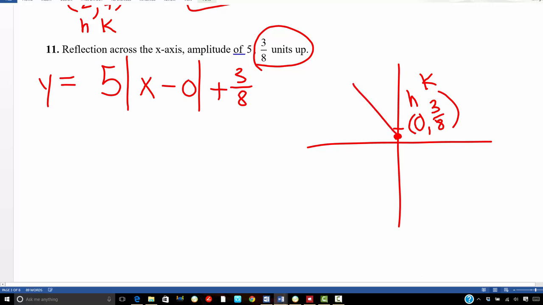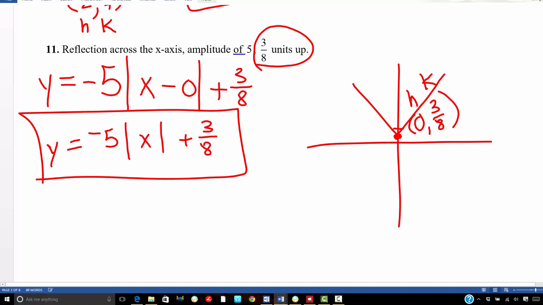If it's reflected across the x-axis, it's just going to be facing the other way. It's going to be facing down. Of course, we know if it's facing down, the number out front is negative. We can tidy this one up a little bit. X minus 0. Anything minus 0 is just itself. So this would be the answer, the correct answer for number 11.